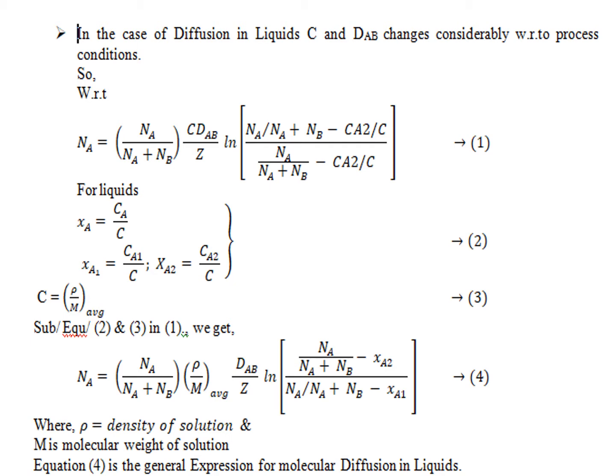So, this is the final expression: NA is equal to NA by (NA plus NB) times C DAB divided by Z, times ln of [NA by (NA plus NB) minus CA2 by C] whole divided by [NA by (NA plus NB) minus CA1 by C]. So, this is not CA2, this is CA1 by C. So, this is the first expression.